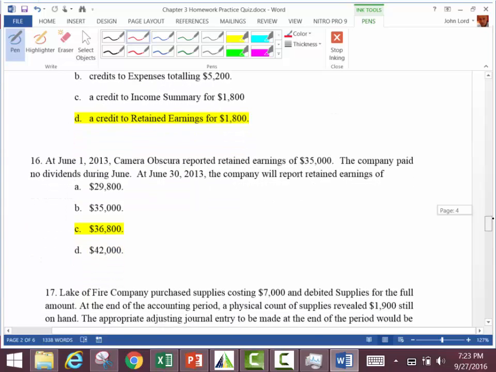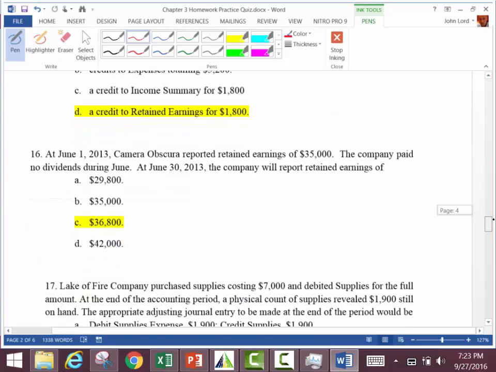Now, if we reported retained earnings of 35,000 on June 1st, that means the beginning balance in retained earnings was how much? 35,000, wasn't it? And then didn't we just credit it, increase it, for 1,800?